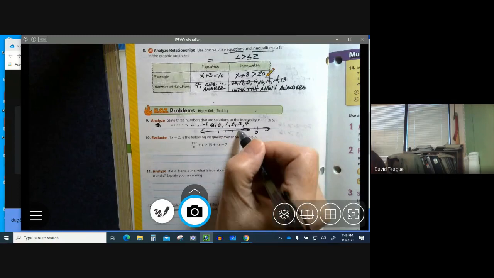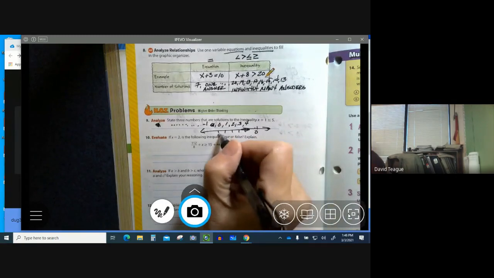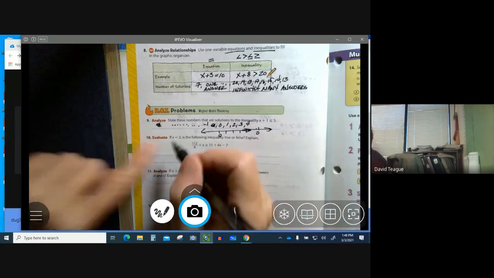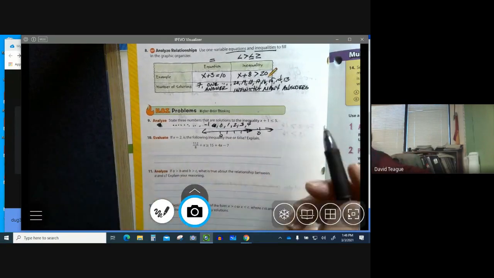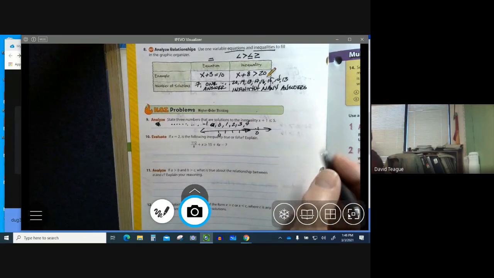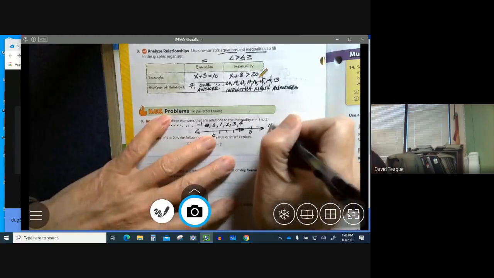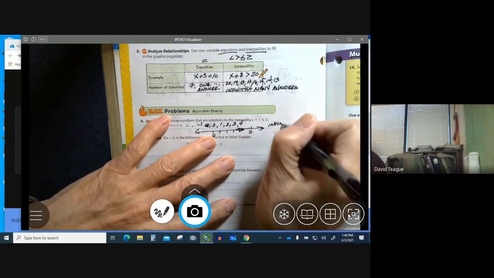Here's 1, 2, 3, 4, right? And you could keep on going forever to the left on that number line, and it would satisfy that inequality. Infinite answers. Off into infinity.